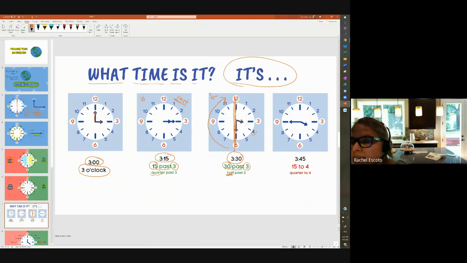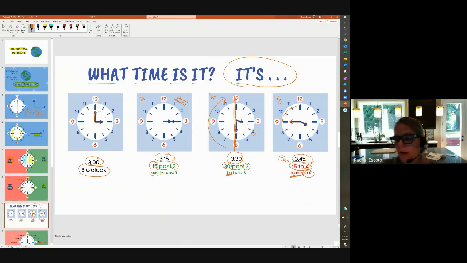So here you can see it's 3:45, but this is to, remember? How many minutes to 4? Well, it's going to be 15 minutes, right? 5, 10, 15 minutes until 4 o'clock. So we say it's 15 to 4, or quarter to 4.